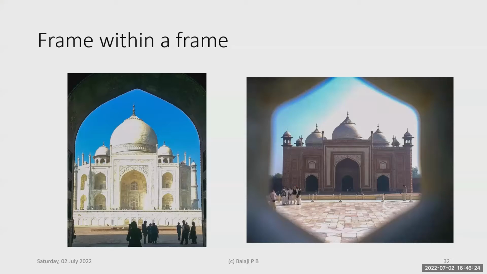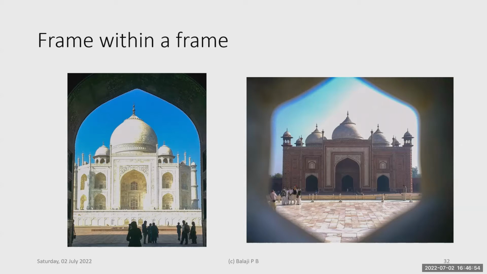Another interesting compositional aspect is to always look for frames. When you go to the Taj Mahal or any of these monuments, I think Hyderabad has a lot of them, all these tourist guides will give you a typical picture where they'll use one of the entry arches as a frame to take a picture.